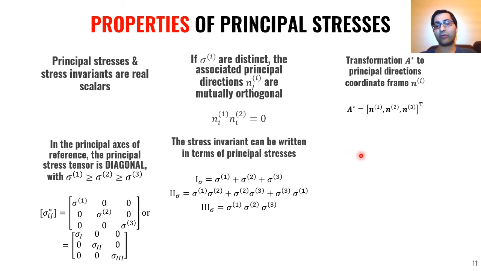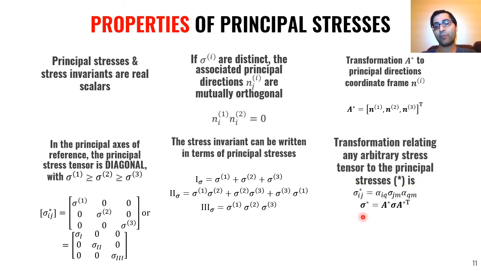And the transformation relating any arbitrary stress tensor to the principal stress tensor is sigma star, the principal stress tensor, equal to A star sigma A star transpose. It's basically the tensor transformation rule that we've already seen.